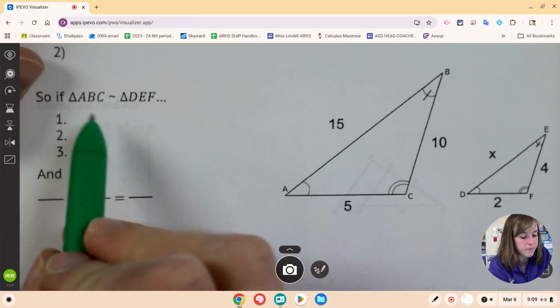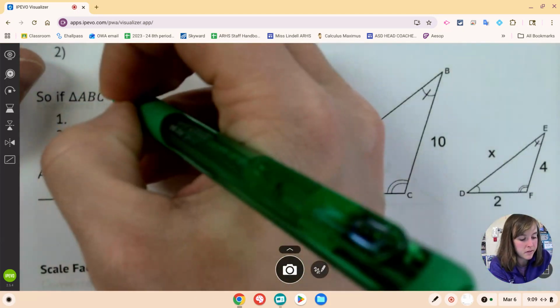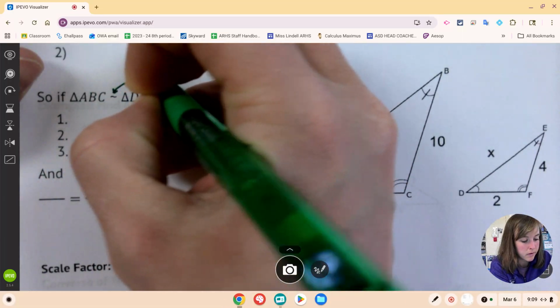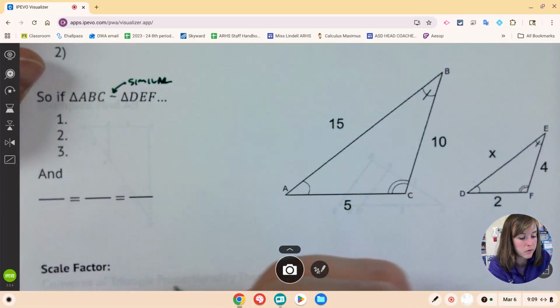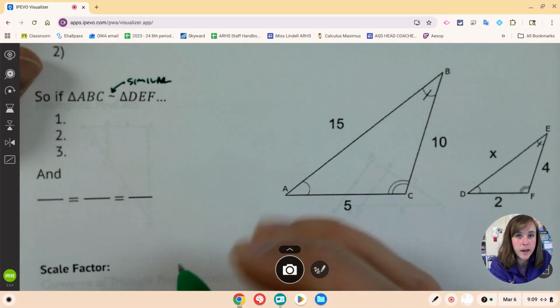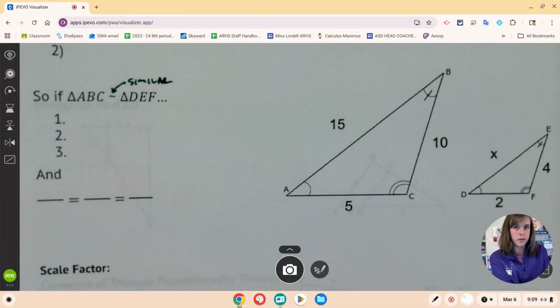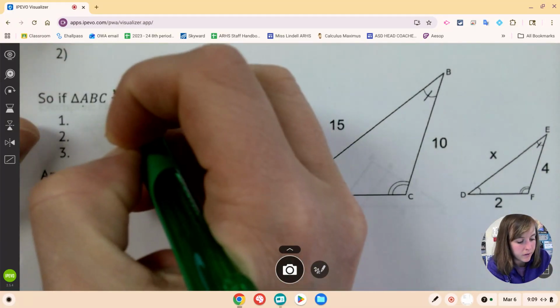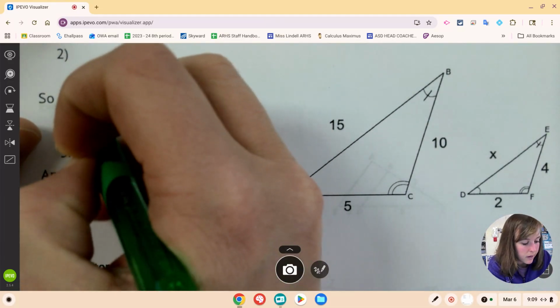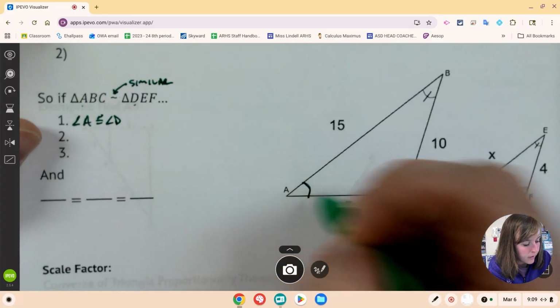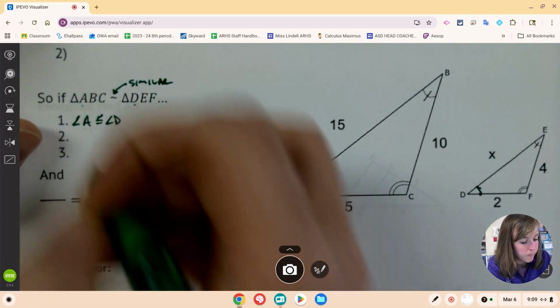First off, if triangle ABC is similar to triangle DEF, remember that little squiggle means similar, or is similar to. The angles that are considered corresponding or going together are going to be the ones that come in the same order. So first off, angle A is going to go with angle D, so we can say angle A is congruent to angle D, and that's already labeled for us in the picture.